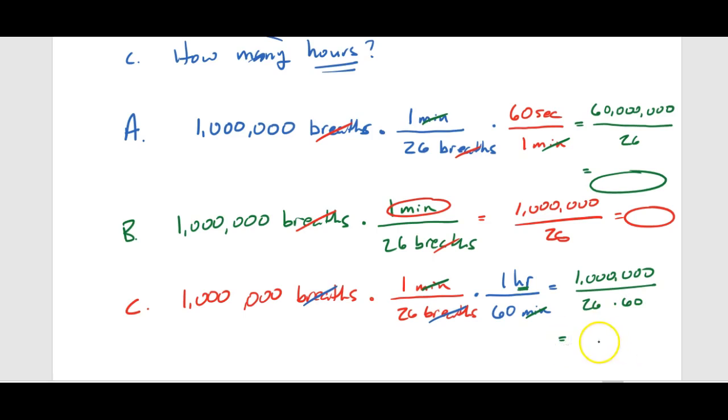You'd have to do that in your calculator, and the number is 1200, something like that. Anyway, whatever that number is, you divide it, and that will be your answer. And then you'll do the same thing with D and E. So I hope that this helps you a little bit in doing these kinds of problems.